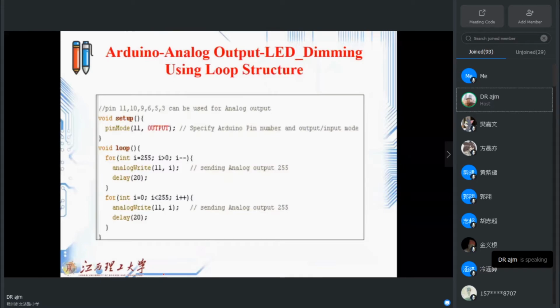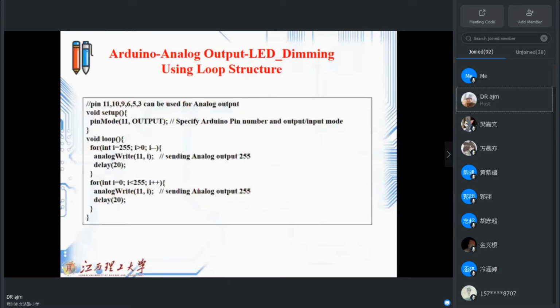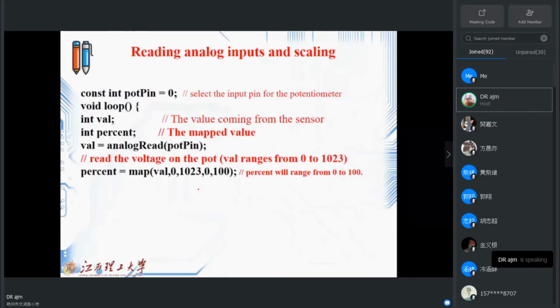With this program, which is called fade in, fade out, you can turn on and turn off the LED connected to pin number 11. This is also that program, but I just typed it now.